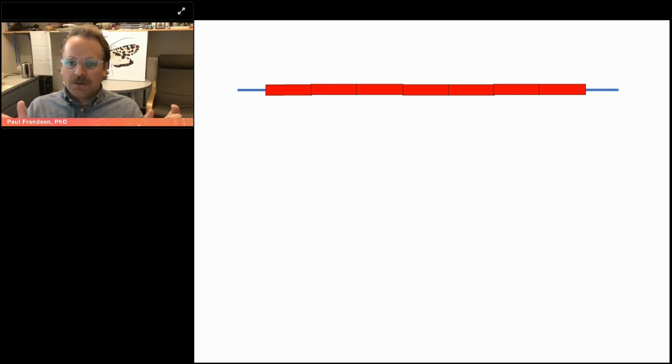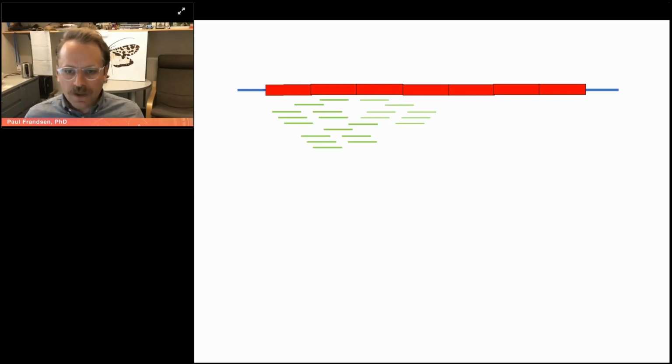Then you take those sequencing reads and try to place them back together with overlaps to reconstruct what the genome would have looked like. With a gene like this, you can imagine these little green lines are short sequencing reads. What you'll notice is that these sequencing reads are shorter than the repetitive regions.